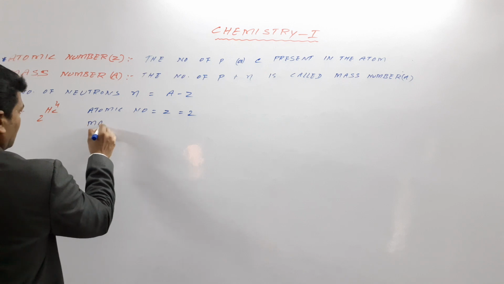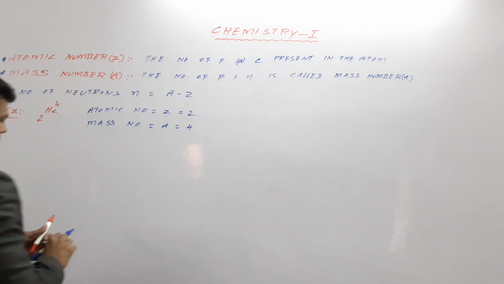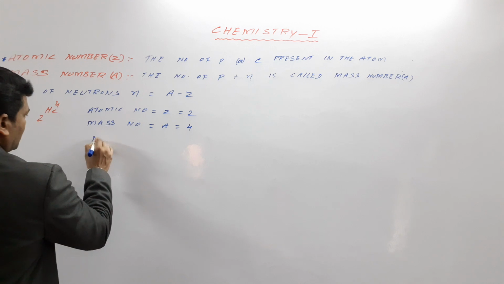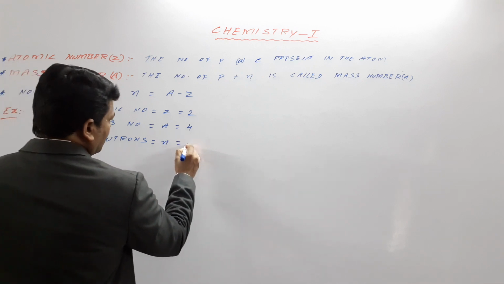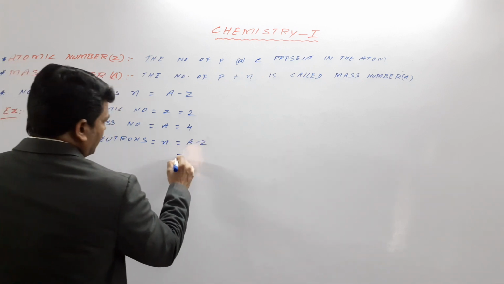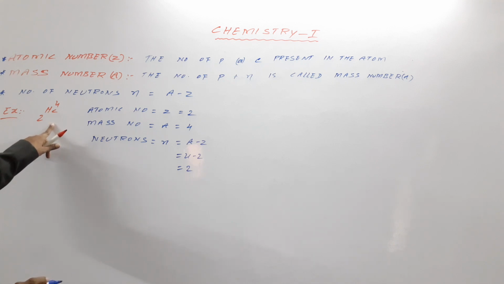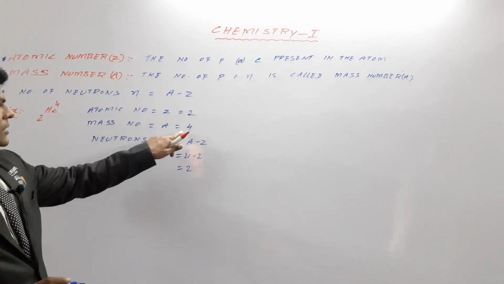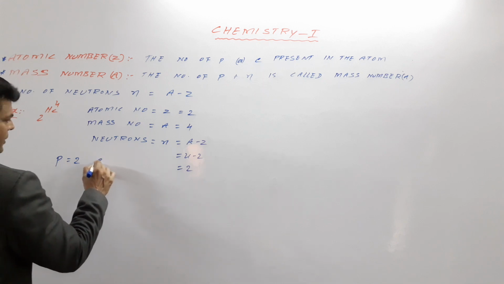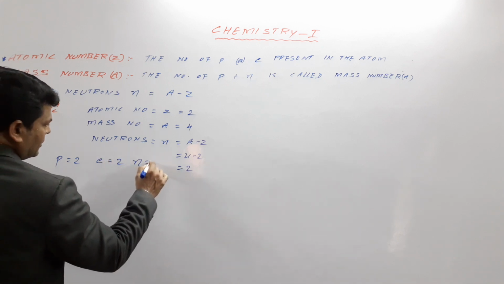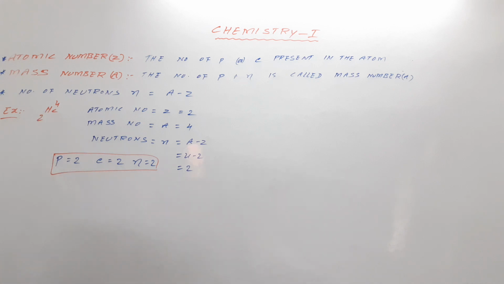Mass number A is equal to 4. Now neutrons: N equals A minus Z, which means 4 minus 2, that is 2. This means helium contains 2 protons, 2 electrons and 2 neutrons. These are the subatomic particles present in helium-2, 4.